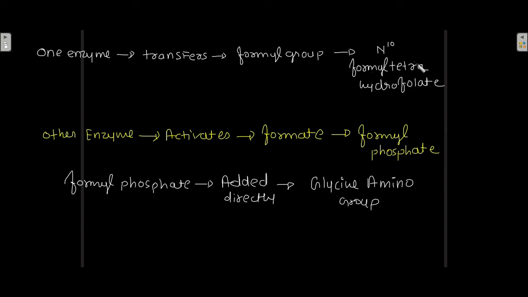Okay, it takes out the formate from this compound, and the other enzyme then activates this formate into formyl phosphate, and then this formyl phosphate can be added directly to the glycine amino group. Okay, so that is how, by utilization of two different enzymes, this process is completed in some organisms.